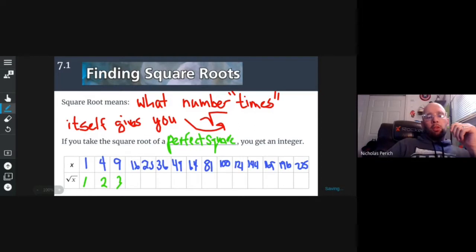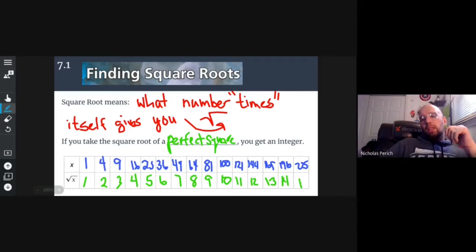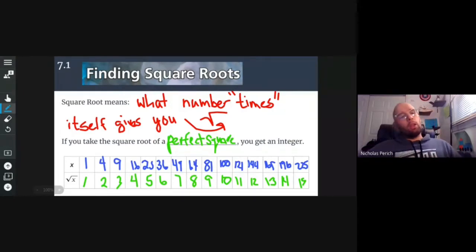What times what gives you 16? 4, 5, 6, 7, 8, 9, 10, 11, 12, 13, 14, 15. And if I give you one and you're not sure about it, what's the square root of 196? The square root of 196 is 14.